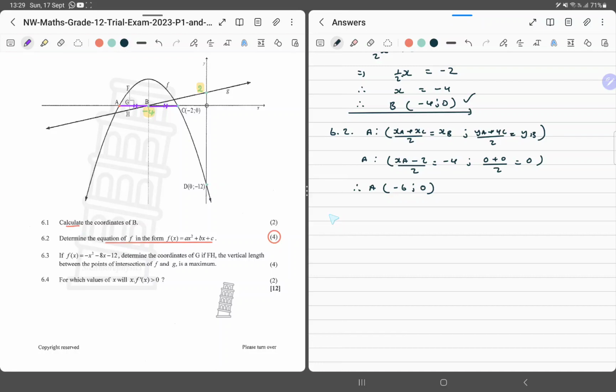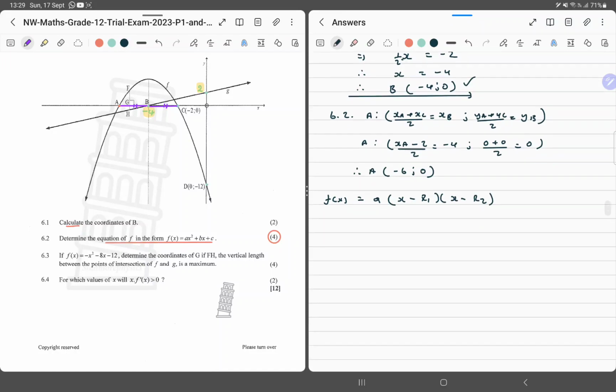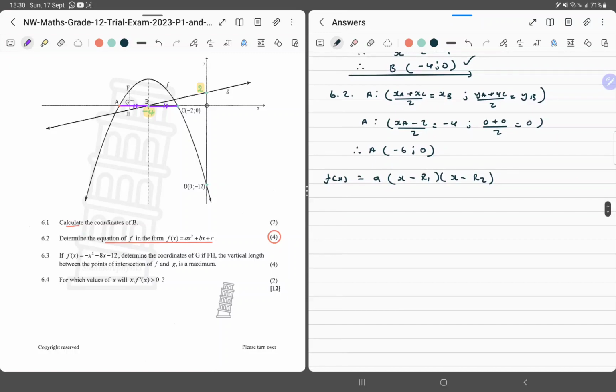why am I doing that? I want to say therefore my f of x is going to be A into x minus the first root into x minus the second root. Yeah, man, that is how it goes. And then this means A into x minus the first root, it's going to be plus 6 into x minus the second root, it's going to be plus 2.